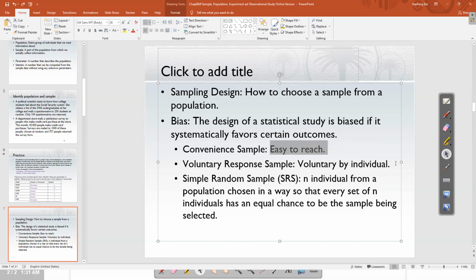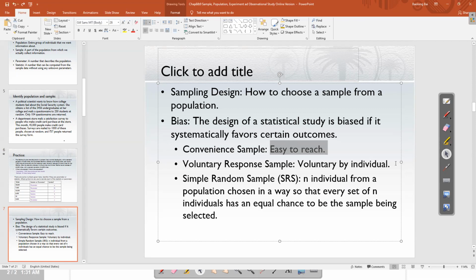So for example, if some office at the university wants to know students' opinions about some new policy changes, then the population will be basically all the students at MSU.